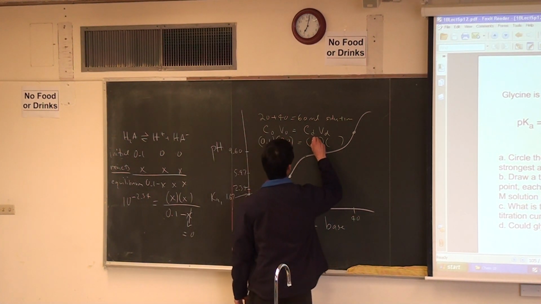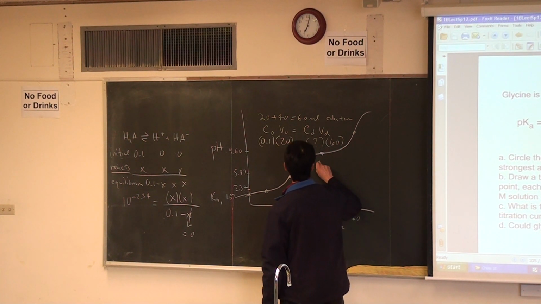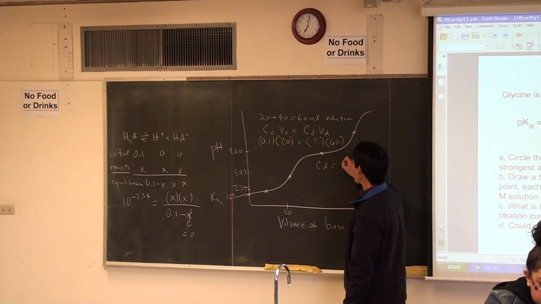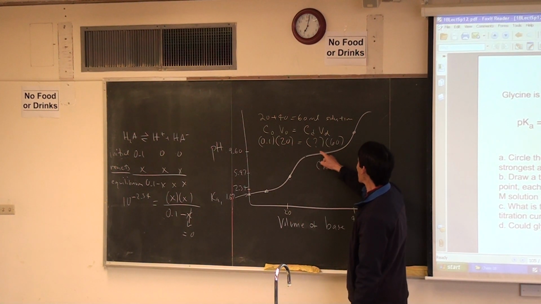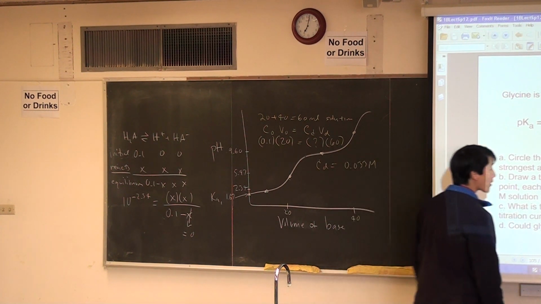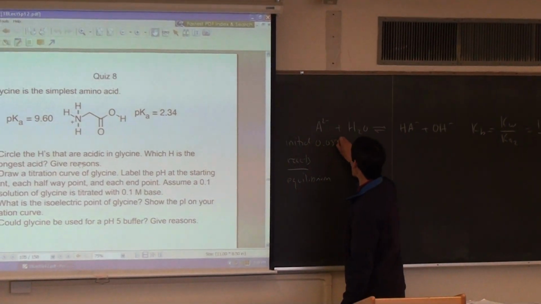X. What goes in V dilute? Yeah, 60. So if we solve for C dilute, 20 divided by 60 is 1/3, so 0.1 divided by 3 is 0.033 molar. So that's going to be our initial amount.